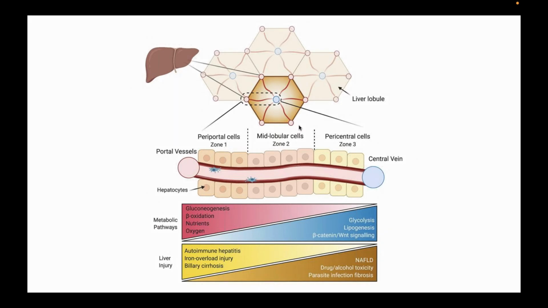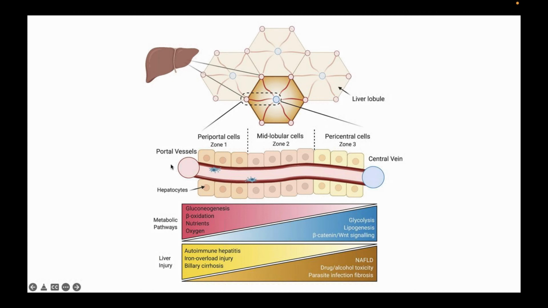Another very important concept when we talk about any liver injury, to be honest, is to realize that one of the main classifications of liver histology is the lobular histology, where you classify the liver as different lobules with a central vein in the middle surrounded by hexagonal portal triads. You've got the portal vessels coming through here, then the sinusoids, and then a central vein in the middle.